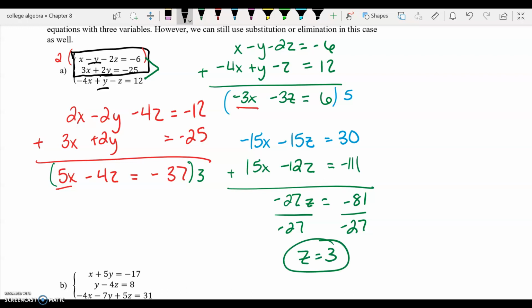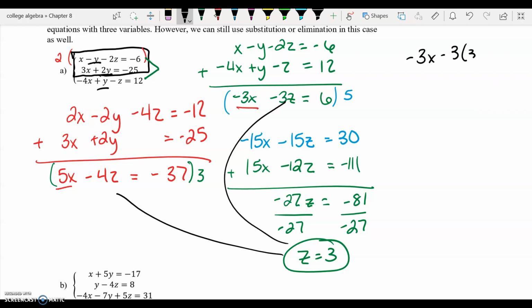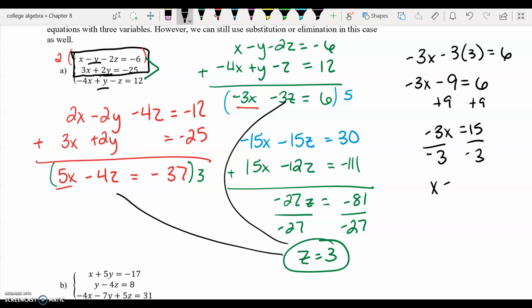So from there, what you want to do is I can plug it into either equation, either that one or that one. I'm going to plug it into the one on the right. You get x equals -5. Now that you have those two, you're going to pick one of the original equations and plug it into that. So I'm going to take z and x and plug it into this top equation over here.